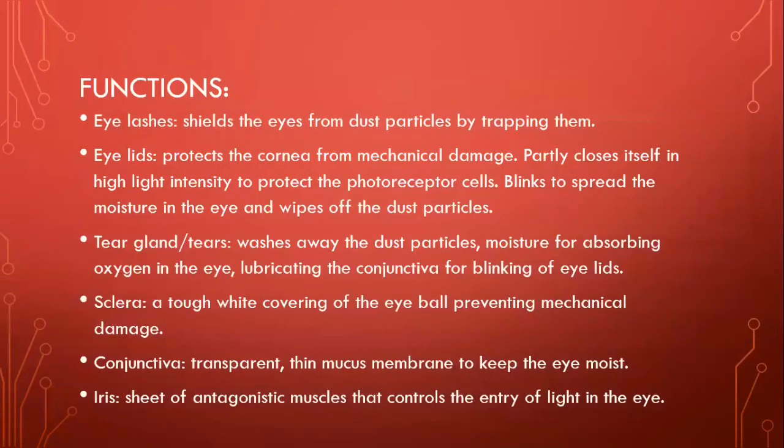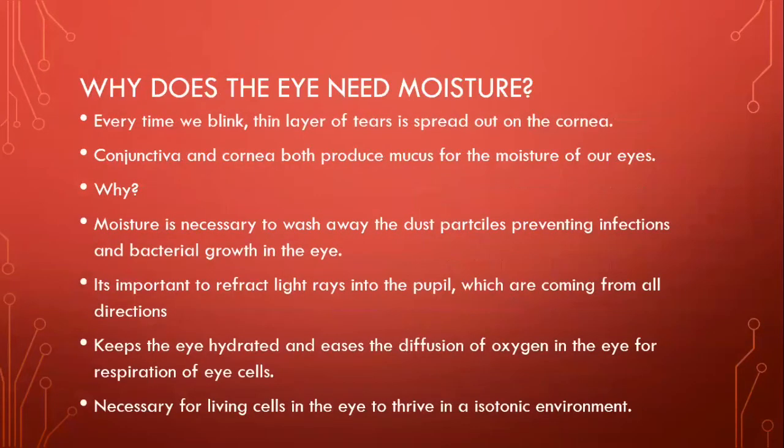We should note that the diffusion and the obtaining of oxygen is not limited to only this, because at night when our eyes are closed, eye cells are still respiring and they are still carrying out their cellular activities, and for that we have another structure which is known as the choroid, which helps bring oxygen at the back of the eye as well.